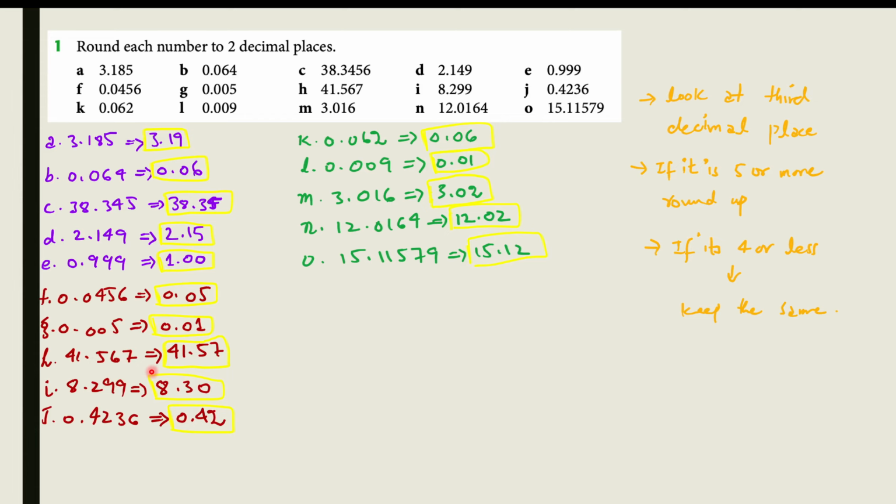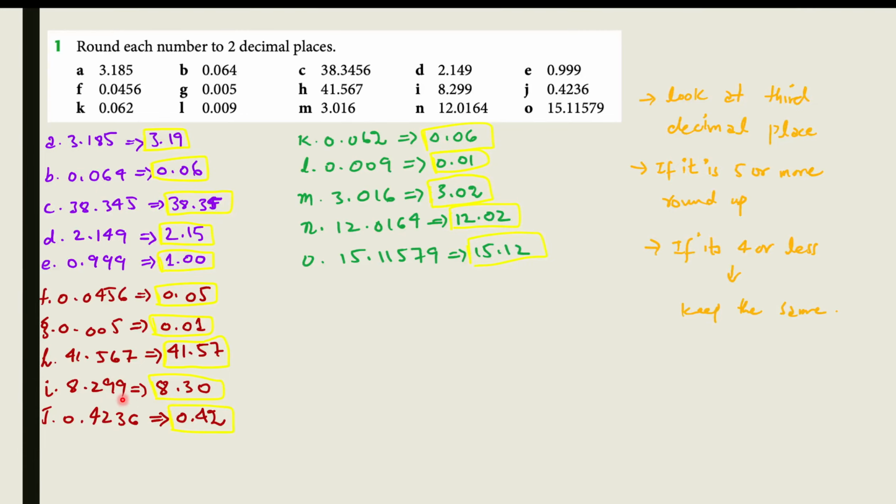Next we have 41.567. So 41.567. In here again we look into the third decimal place. Looking into the third decimal place, it's greater than 5, so it means we increase the second decimal place digit by one number. It will become 41.57 as shown in here. 8.299.